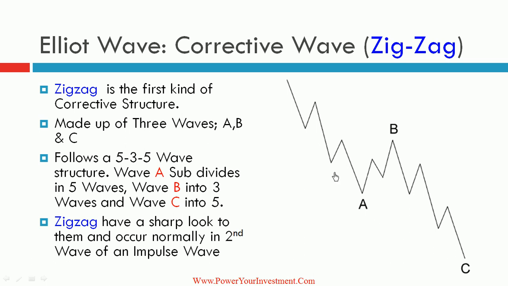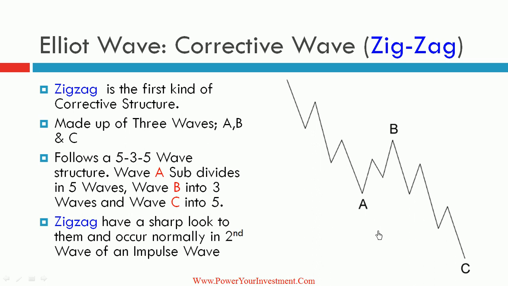That means wave A subdivides into 5 waves, that is wave 1, wave 2, wave 3, wave 4 and wave 5. And wave B subdivides into 3 waves, 1, 2, 3. And wave C again subdivides into 5 waves, 1, 2, 3, 4 and 5. So hence we get a 5, 3, 5 structure.